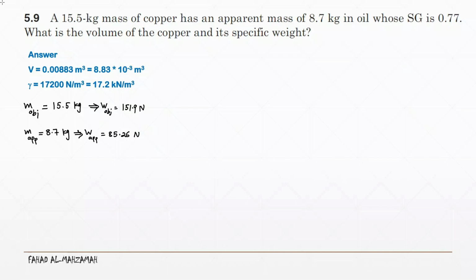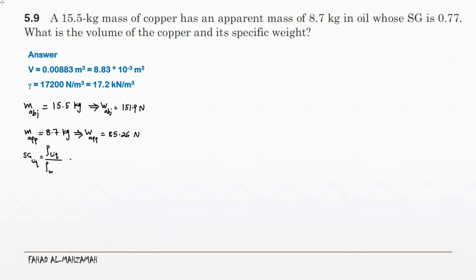And here we have kilogram, so SI unit and Newton. So we are going to use the properties and the density of water in SI, so 1000 kilogram per cubic meter. So we will use the SG of liquid. It's equal the rho of liquid divided by the rho of water.